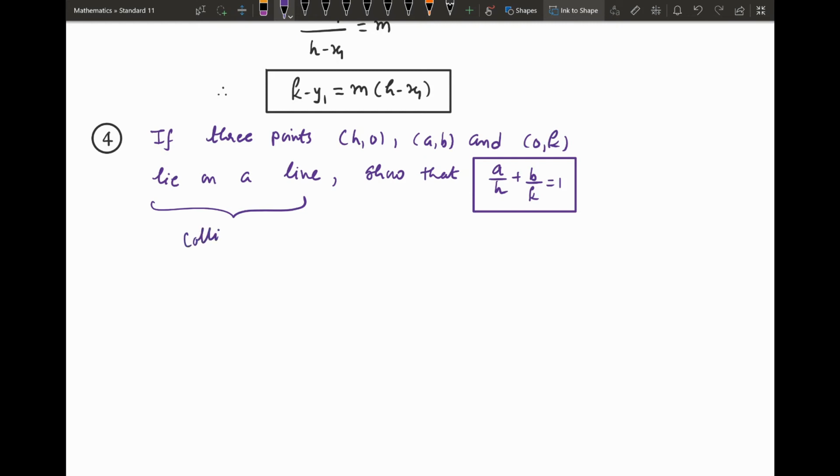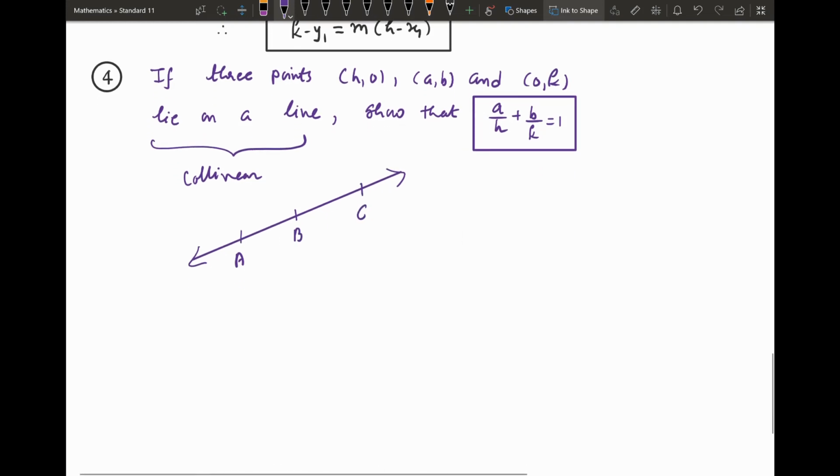These 3 points, say A, B, C, are collinear, lie on the same line. Then we know that slope is a constant quantity.